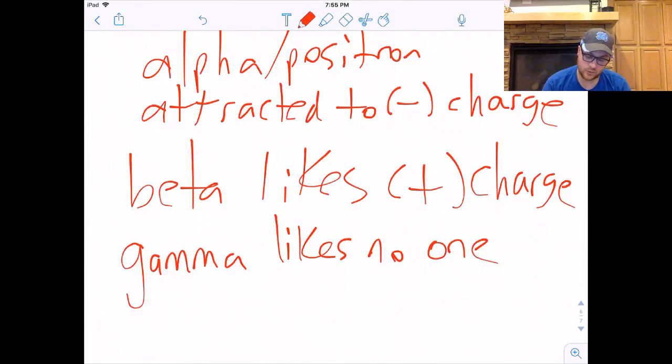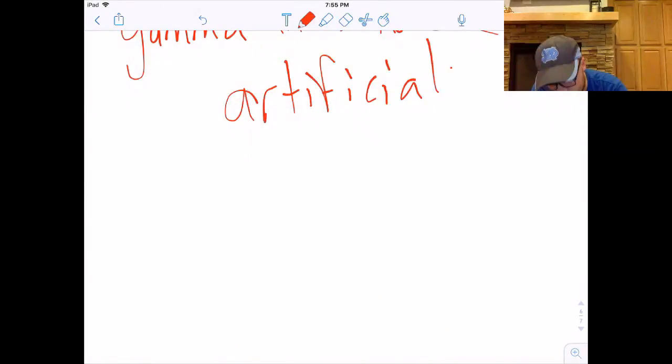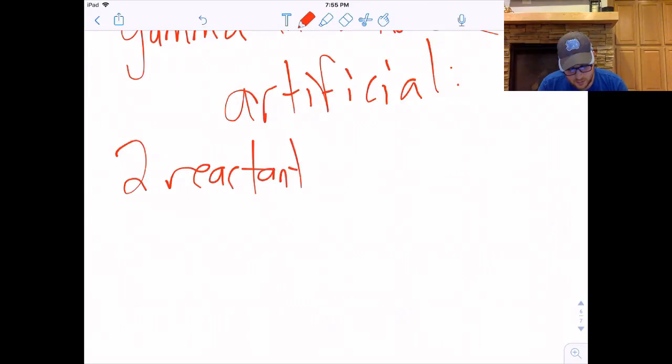What is artificial transmutations? Artificial means it doesn't happen naturally. There's some outside influence. An artificial one will always have two reactants making multiple products. The key is there's two things on the left-hand side of the arrow.